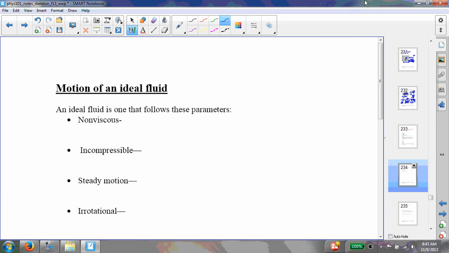First of all, these are the assumptions that we make about an ideal fluid. First of all, it's non-viscous. There's negligible friction in the flow of these fluids. So for example, molasses are very viscous.